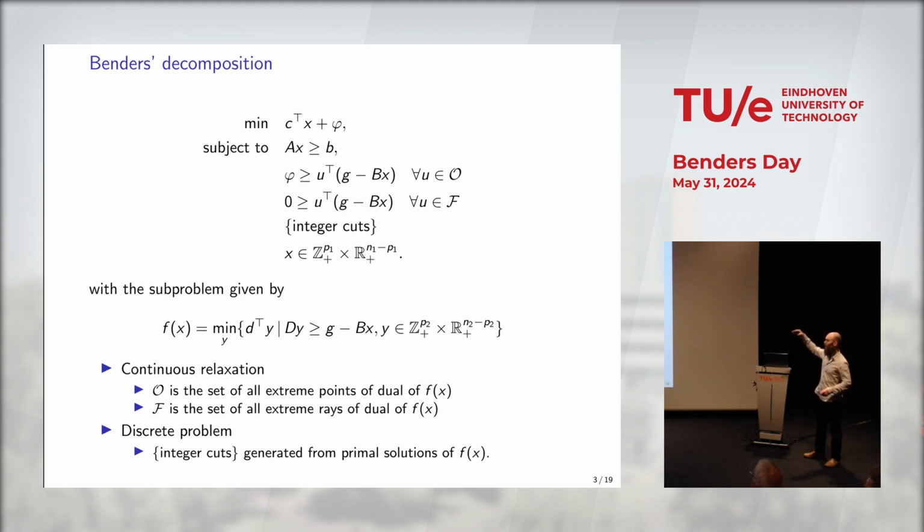If the subproblem is just continuous, or if you only look at the continuous relaxation, we care about the extreme points of the dual, the set O, and the set F, which is all the extreme rays. They correspond to our optimality and feasibility cuts, respectively.